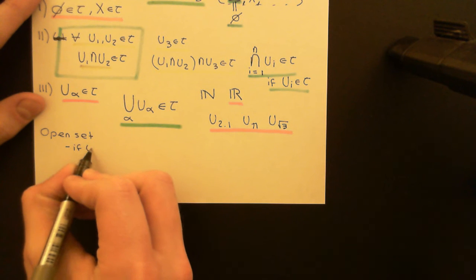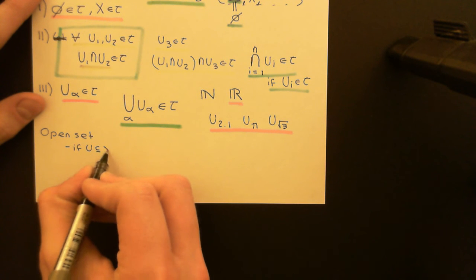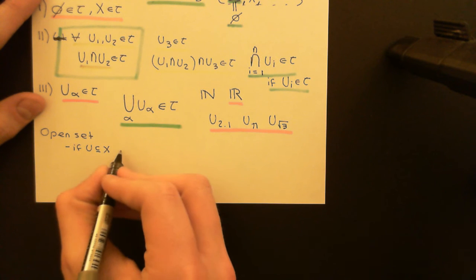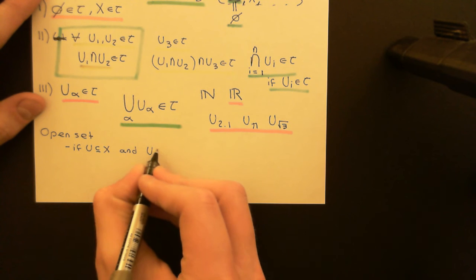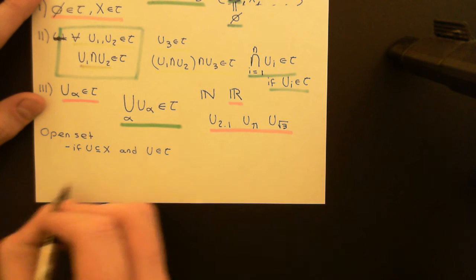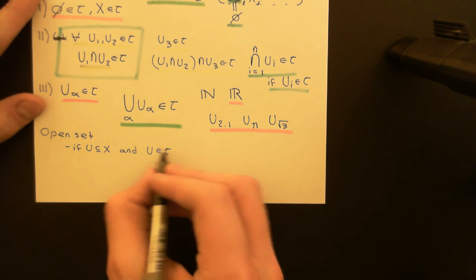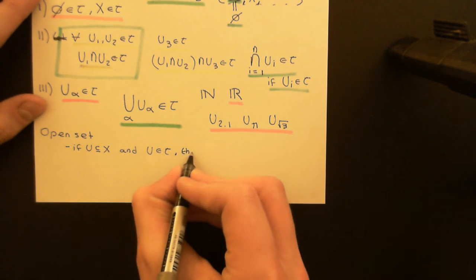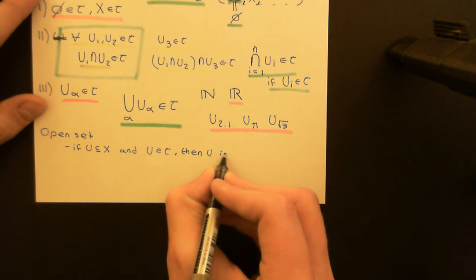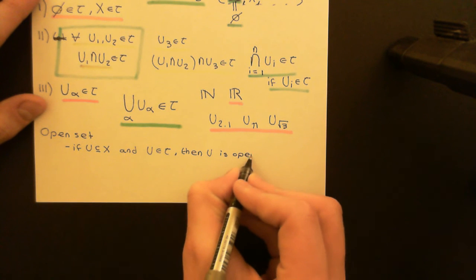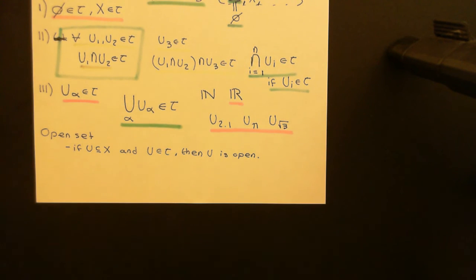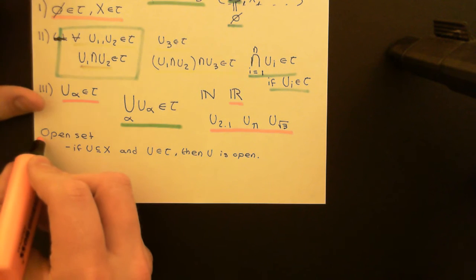If U is a subset of the set capital X, and U is an element of our topology tau, then we call U open. Okay, so I'll just add that on. Then U is open. Okay, it's just a piece of nomenclature, so all the subsets of the topological space that are actually in the topology are called open sets in that topology.